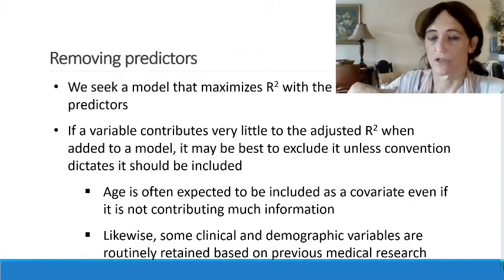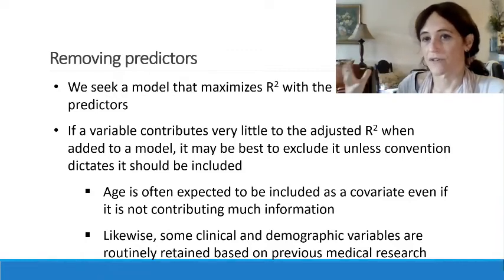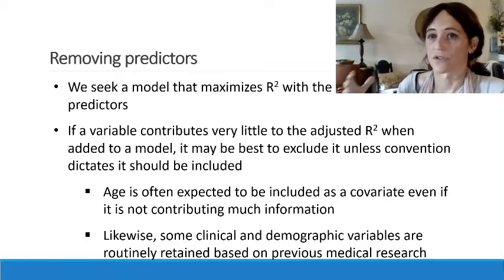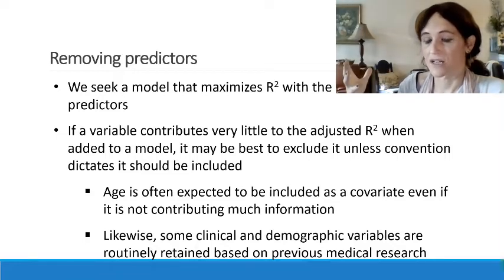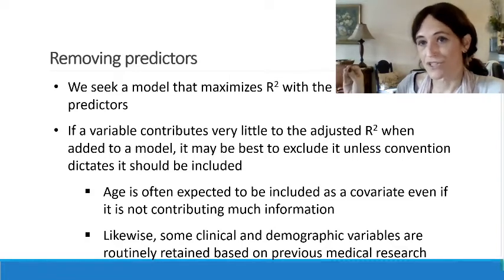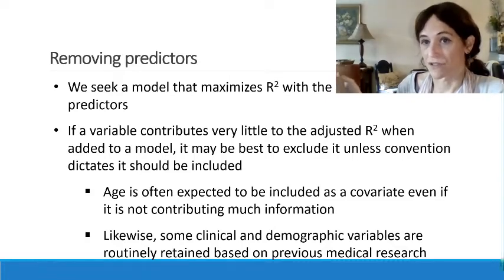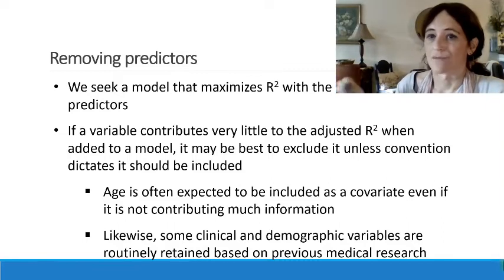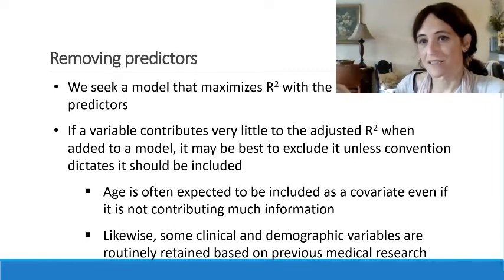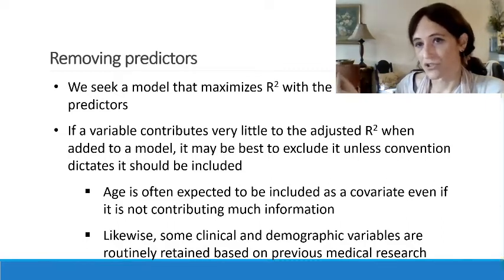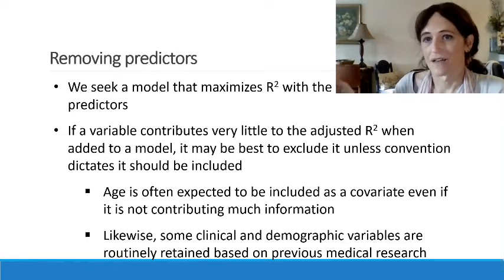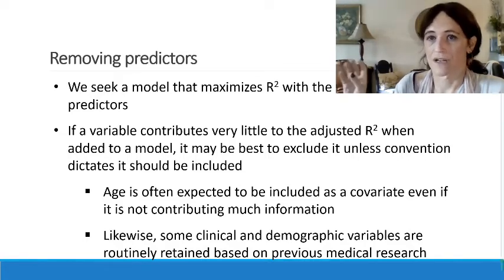So if you want to see what a variable's contribution is to a model, you could see how much the R squared changed if you removed it from the model. If it only changes ever so slightly, you might consider dropping that variable. Normally, if something is statistically significant, it's probably contributing meaningfully to the R squared. So those rules about contribution to R squared and statistical significance kind of go hand in hand. But again, you should set some kind of rule.